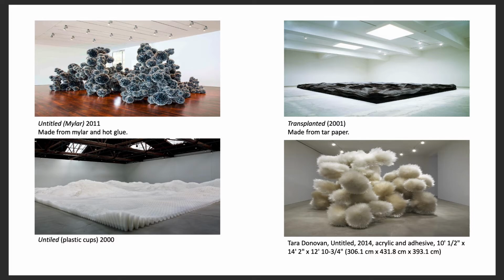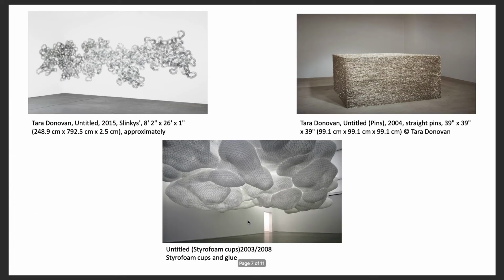Truthfully, this image is distorted. It's been stretched. These are supposed to be spheres. Instead, they look like eggs. So don't stretch your images. But it shows what the materials are and it has the name of the materials.